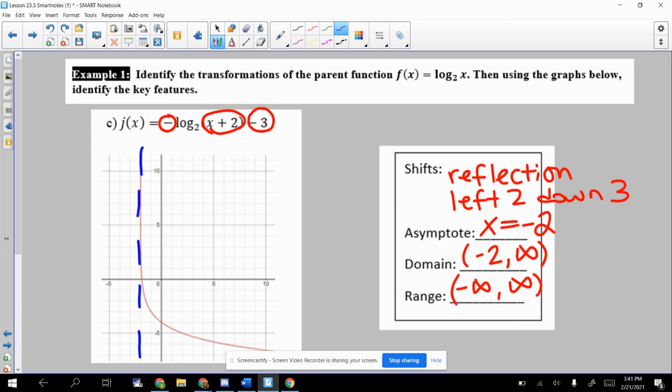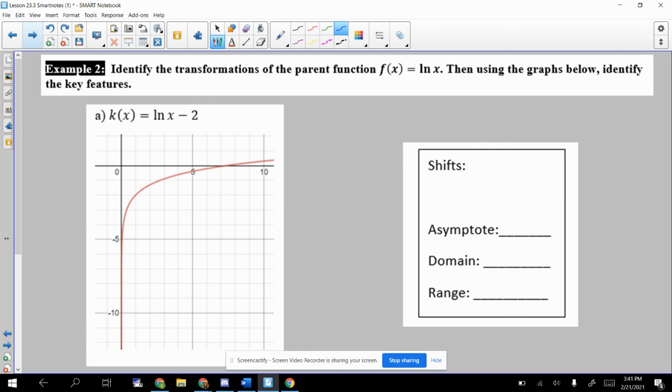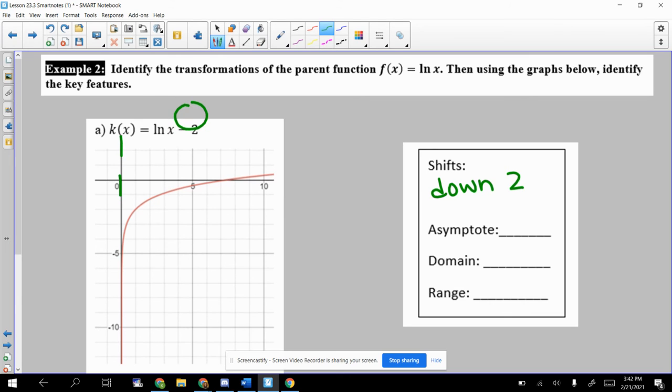Okay, beautiful. Then the only other thing we're going to talk about here are natural logarithms, which have all of the same transformations. The only difference is the base is e, which does not need to be written, and it's written as that ln instead of log. Okay, so this one, our shift is going to be down 2 because of that -2 at the end, which is not going to change your asymptote.